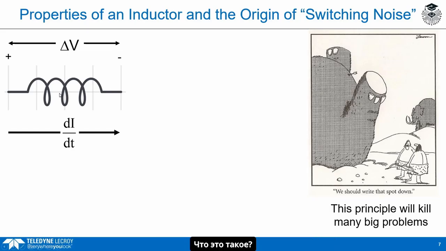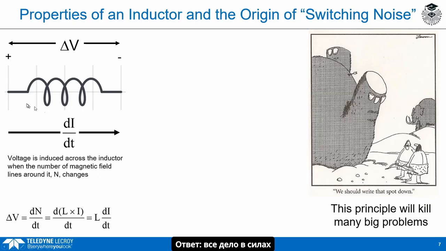What is it fundamentally? What is the electromagnetic reason that we get a voltage across an inductor only when the current changes? The answer is that this is all about the magnetic field lines, the rings of magnetic field lines around the conductor. That voltage is generated fundamentally because when the number of rings of magnetic field lines around the conductor changes, that's what generates the voltage.